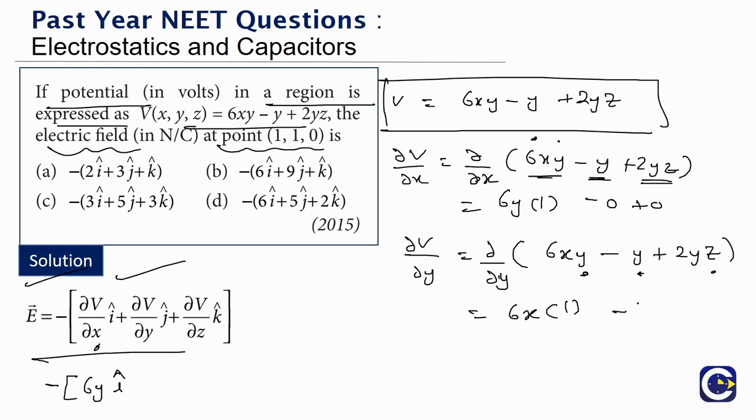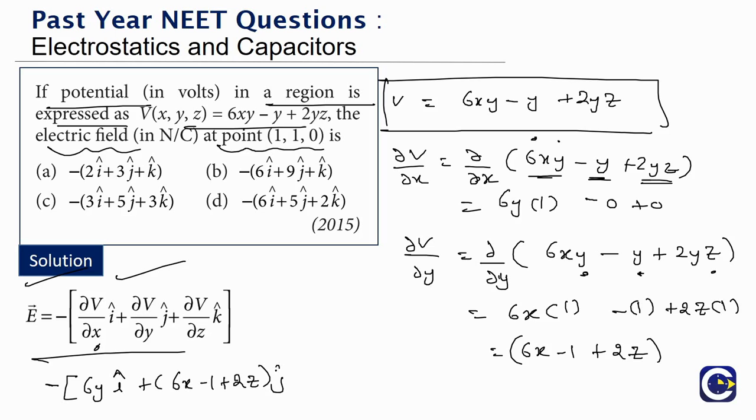Second, the derivative of y with respect to y is 1. Third, 2z is a constant, and the derivative of y with respect to y is 1. So totally it is 6x minus 1 plus 2z. This is our dou v by dou y. So it is 6x minus 1 plus 2z into j cap.